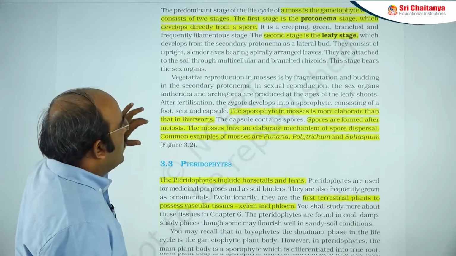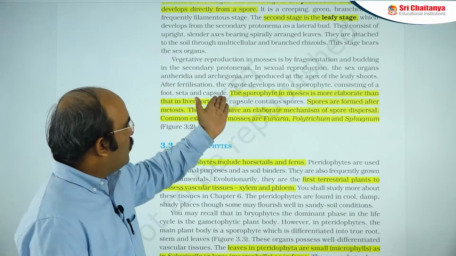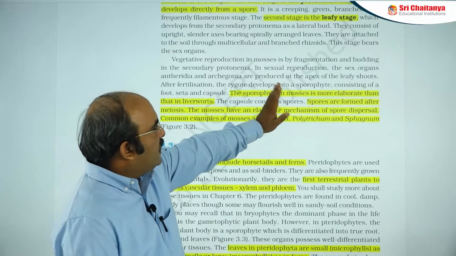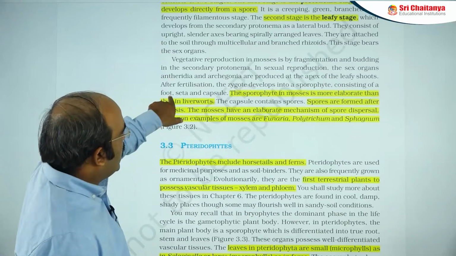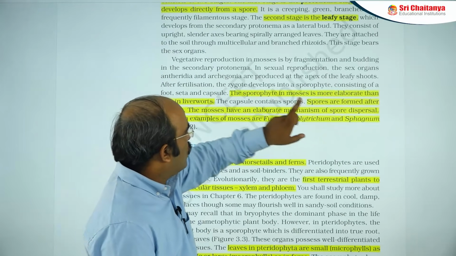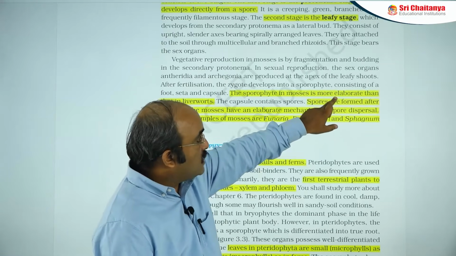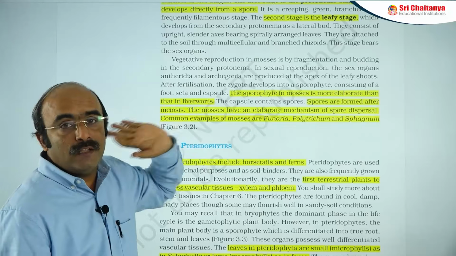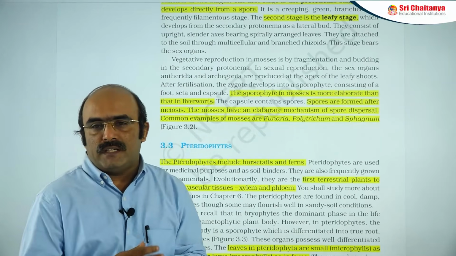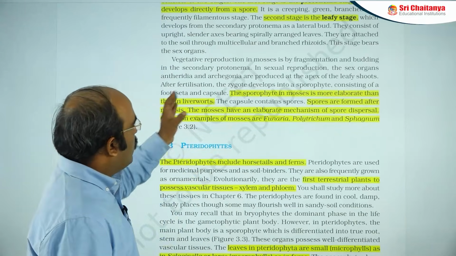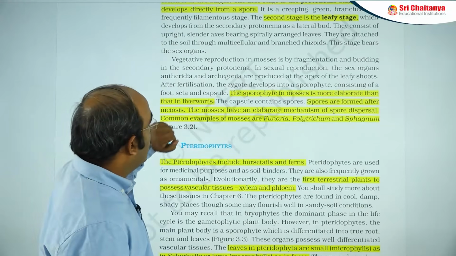Vegetative reproduction is by fragmentation or budding of secondary protonema, and the development of sex organs occurs on the leafy stage. After fertilization, the zygote develops into a sporophyte consisting of foot, seta and capsule. The sporophyte in mosses is more elaborate than in liverworts.